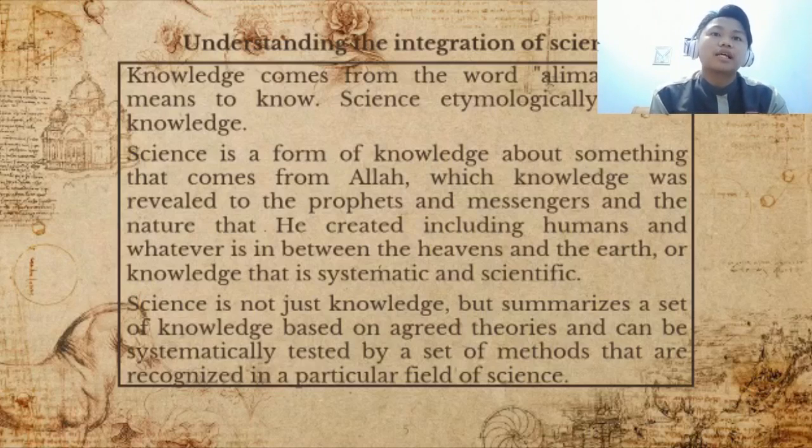Science is not just knowledge, but summarizes a set of knowledge based on agreed theories and can be systematically tested by a set of methods that are recognized in a particular field of science.